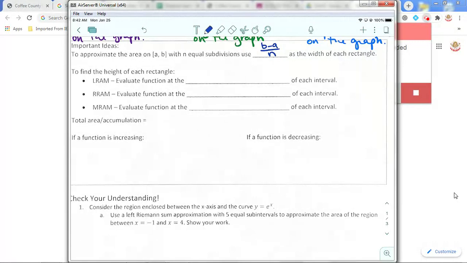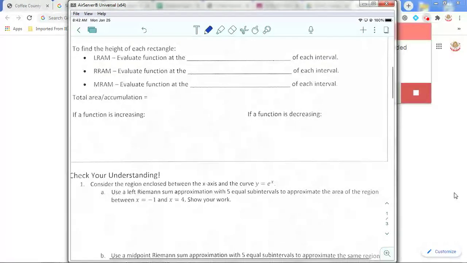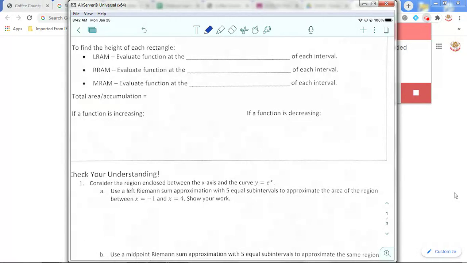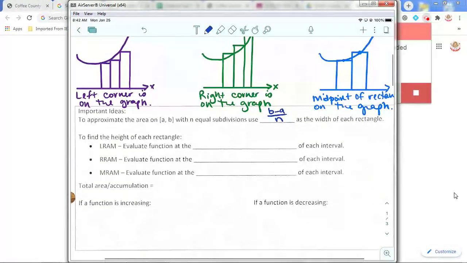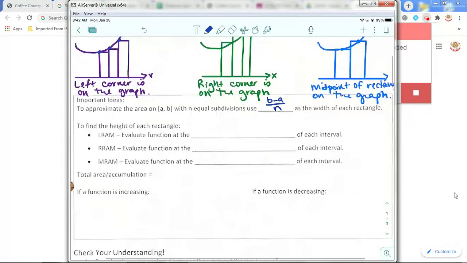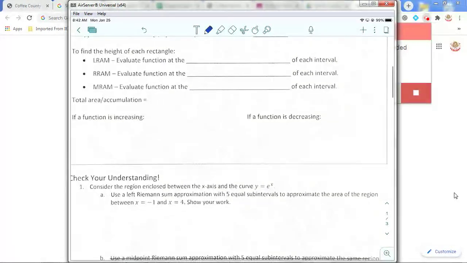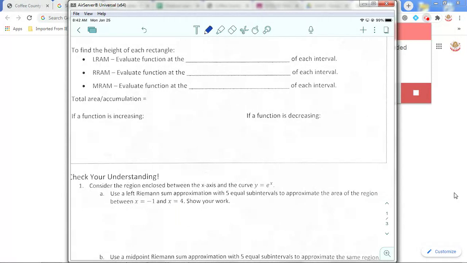All right. We also need to find the height of each rectangle. And so for the left rectangular approximation, the height of each of these rectangles comes from the value of the function at that left point. So for the LRAM, we're going to find the height. We're going to evaluate the function at the left endpoint of each rectangle.